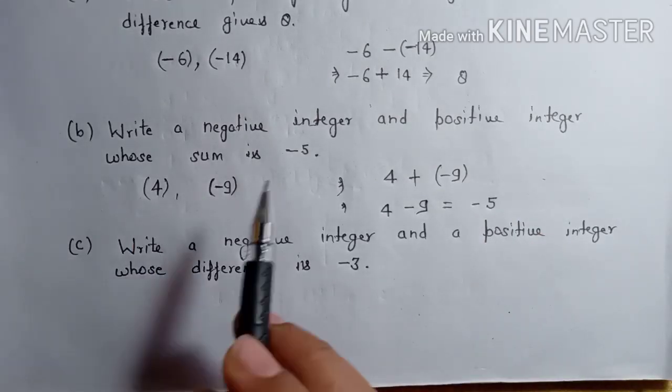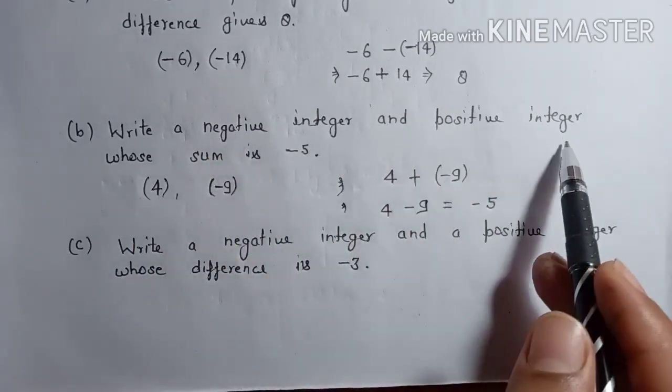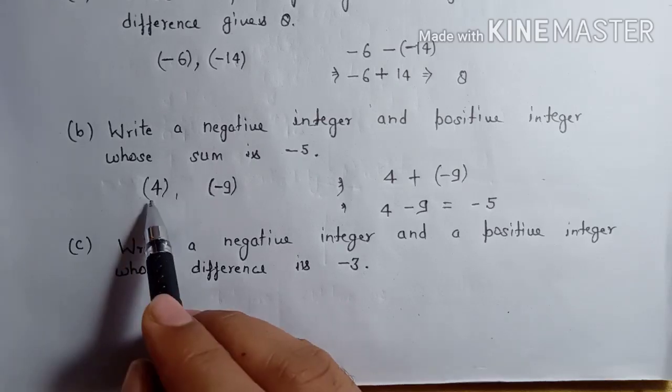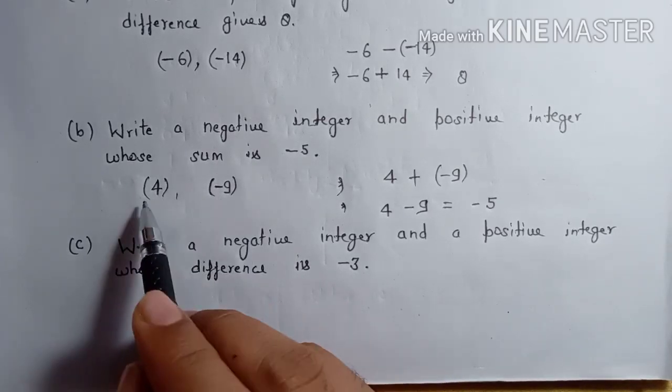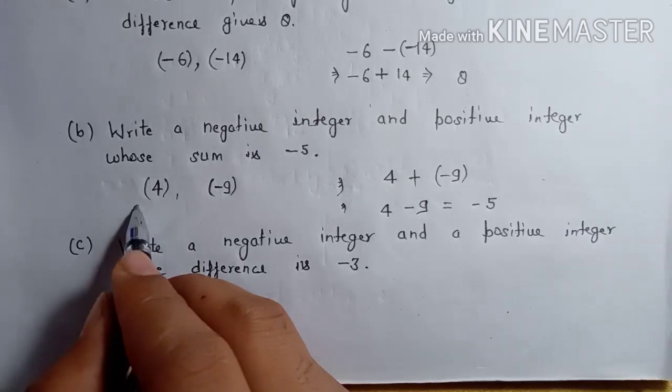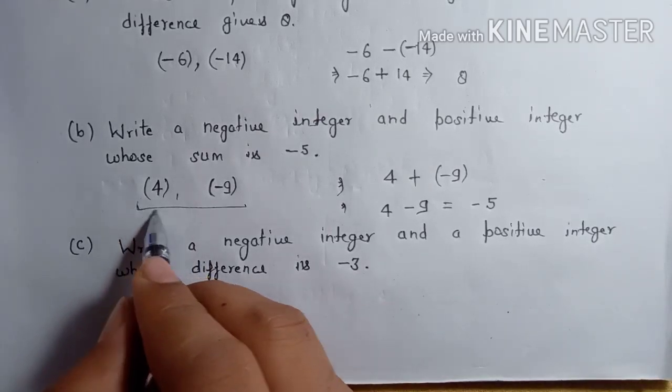So here you can see a negative integer and a positive integer whose sum is minus 5. This is the positive integer and this is the negative integer, and the sum of these two numbers is minus 5. So this could be the pair here.